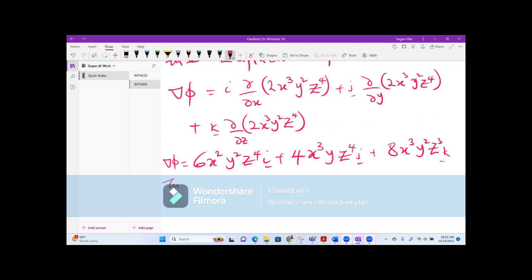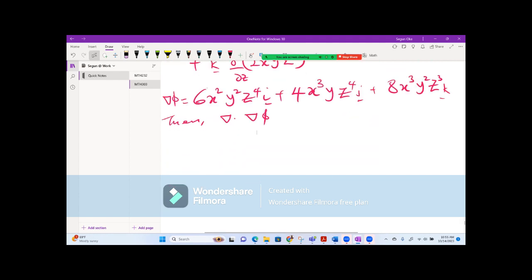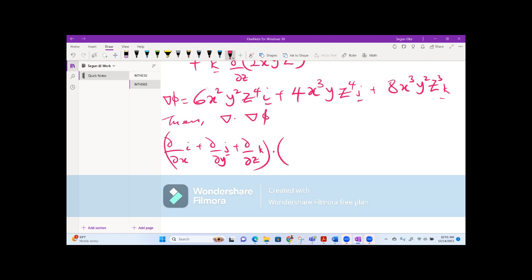Now we need to find the dot, meaning that we need d dx i plus d dy j plus d dz k, dotted with this, which gives plus 8x cubed y squared z cubed.